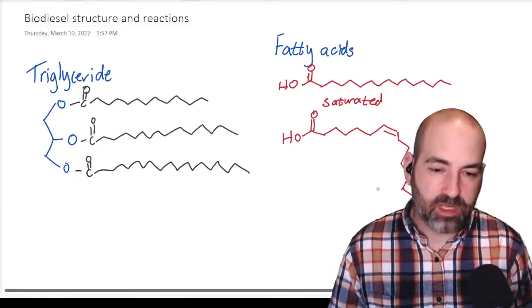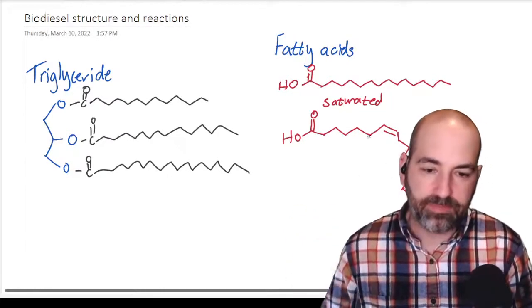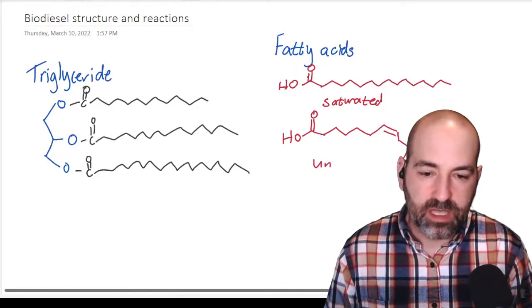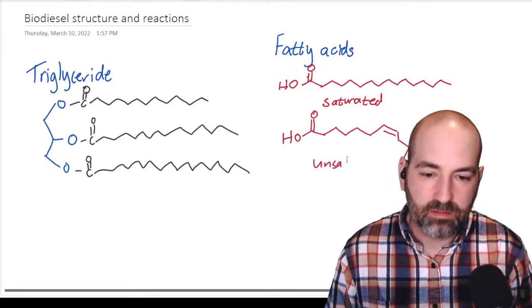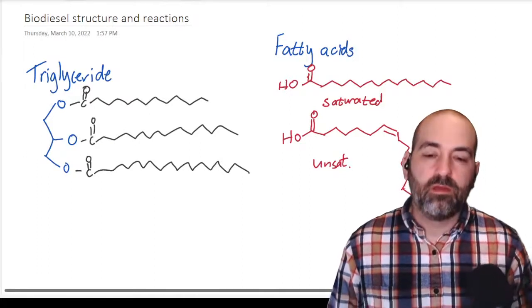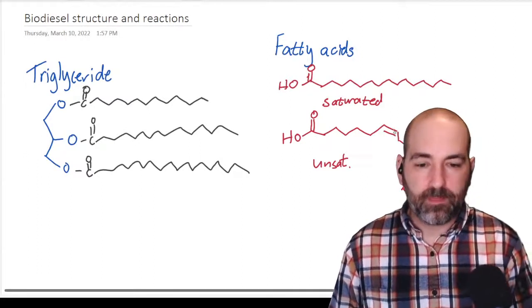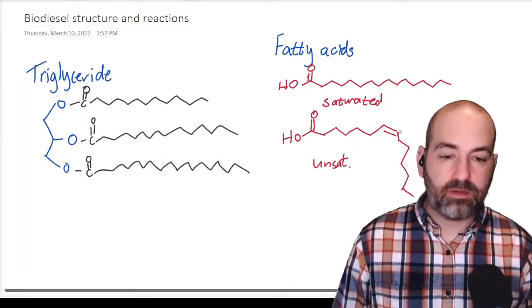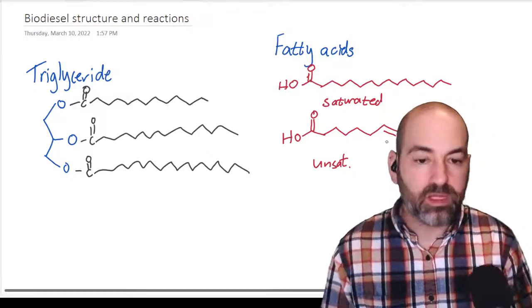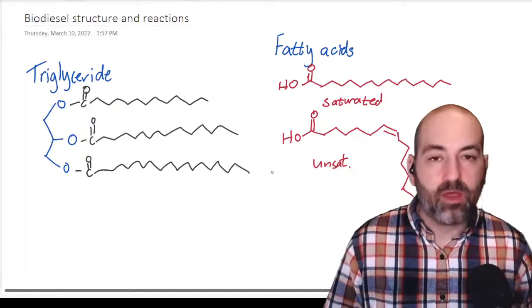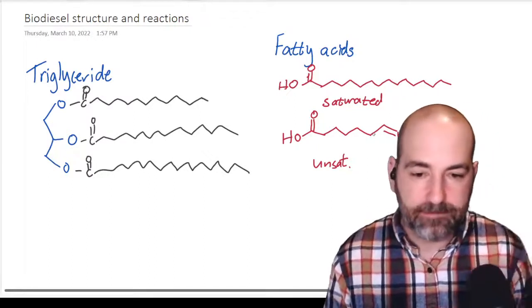And if there are additional double bonds, it's going to make it turn around again. And so this would give us an unsaturated fatty acid. This is what we would call monounsaturated because there's only one double bond. But if we had multiple double bonds, we'd have a polyunsaturated fatty acid.